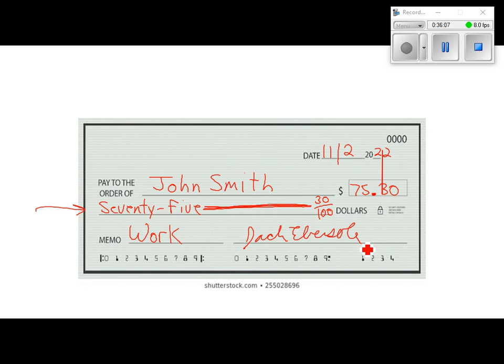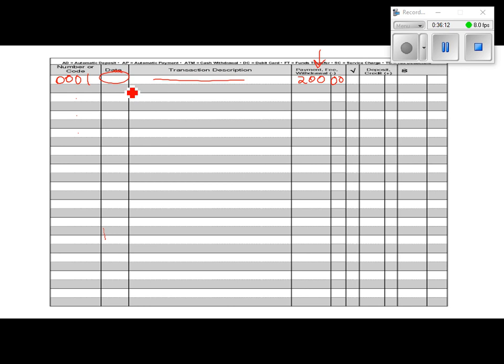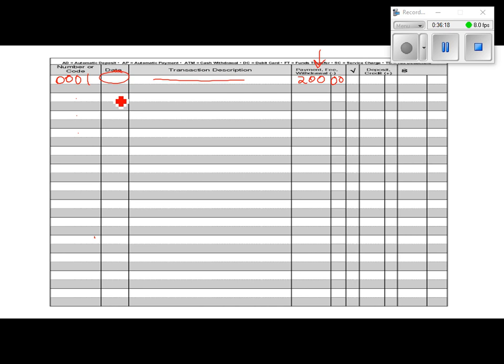That makes sense? Now, the other thing you've got to do, once you've done that, on the second page, this is your check register. You're going to write the check number in this space, the date in that space, the description here, like John Smith for work or something, and then the amount of the check's going to go in this space.